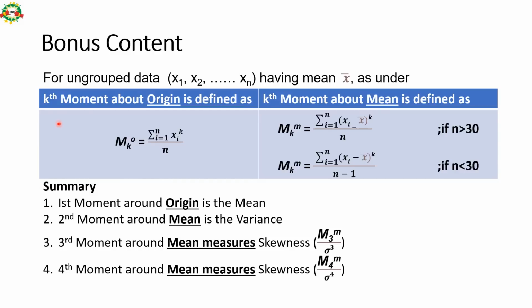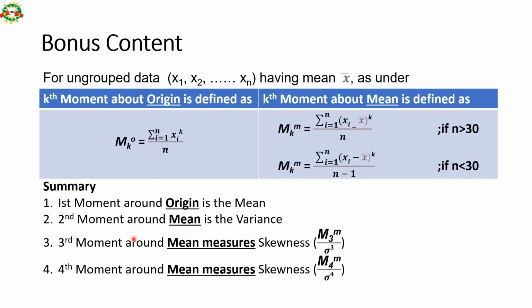The kth moment from origin is defined as mk0. We talked about the third moment and fourth moment in the previous two slides. If you want to calculate any moment, this is the formula. The first moment around origin is the mean. So if the examiner asks what the first moment of this distribution is, you have to calculate the mean.